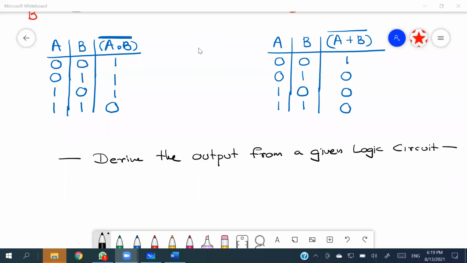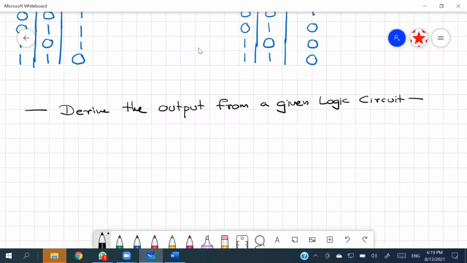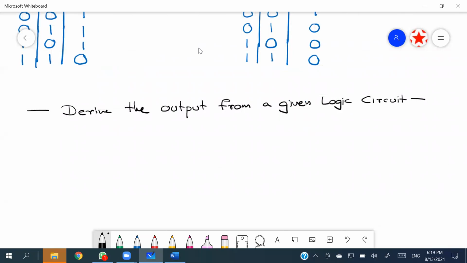All right, now, as an example, look at this circuit which is provided to you.